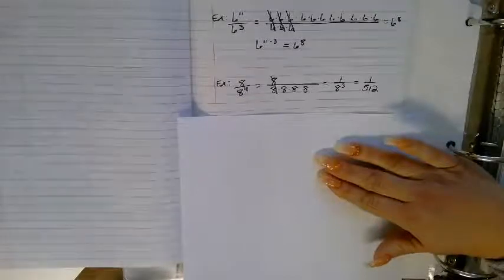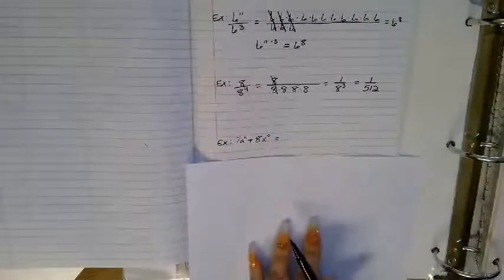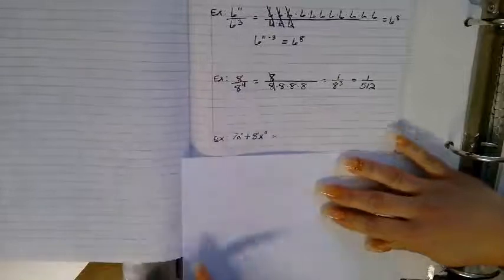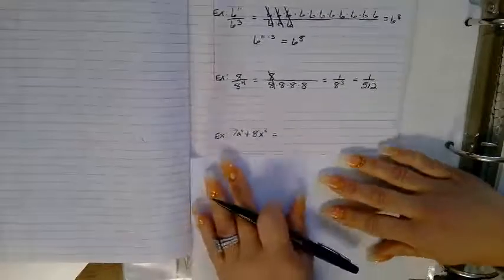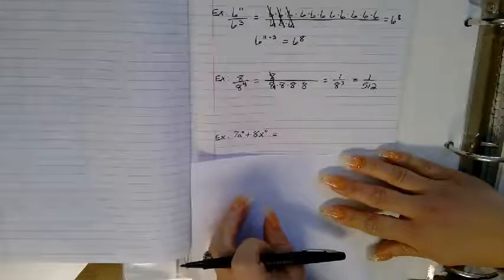Okay. Alright, let's look at something like this. Remember, this is the one I don't like, but you guys might like it since it seems fairly easy after you get the rule. So let's look at this: 7a to the 0 plus 8x to the 0. We're going to write this out in our expanded form.